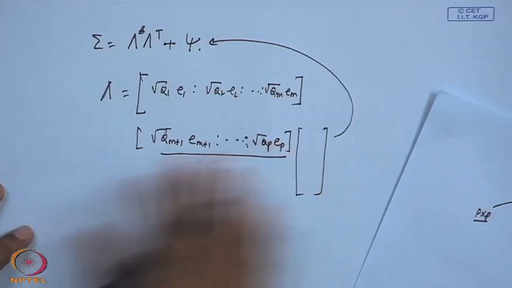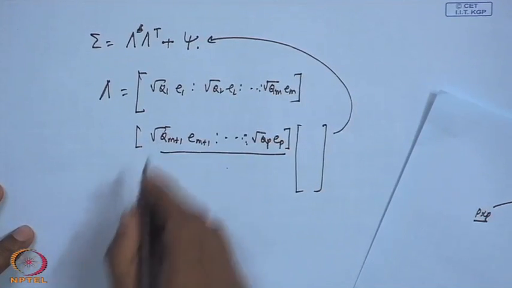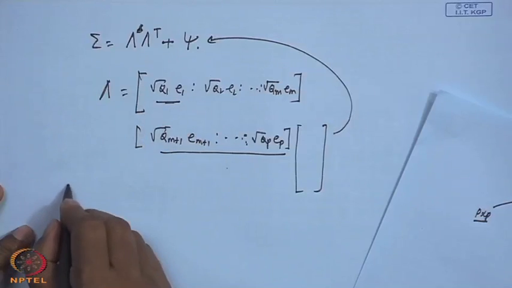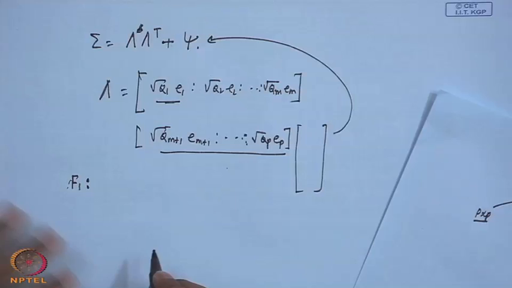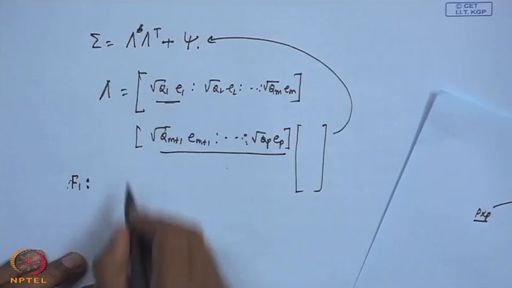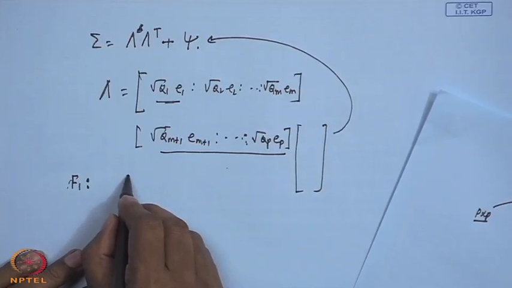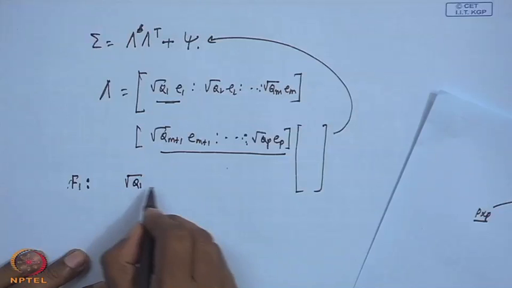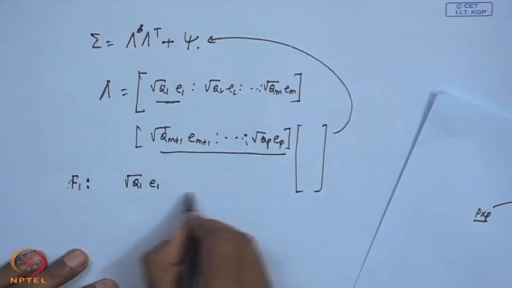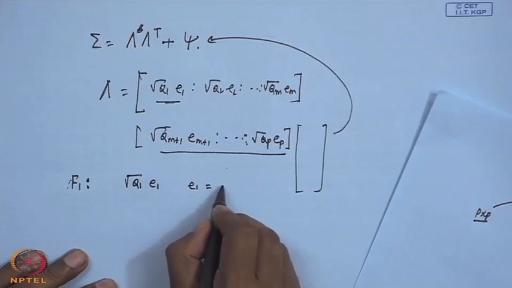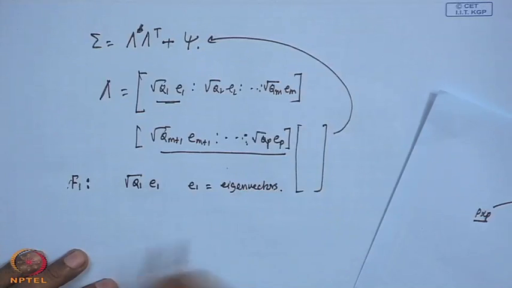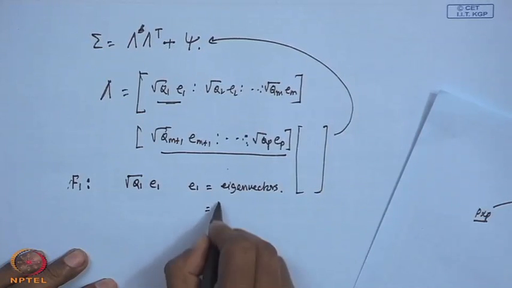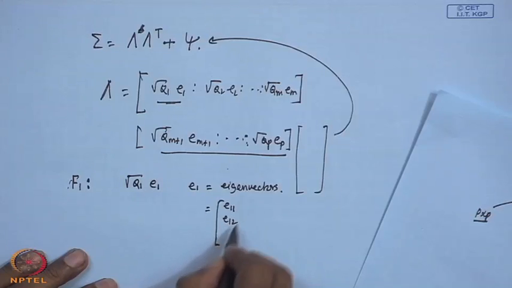Okay. If this is the case, then I can say that my first factor, if it is f1, this factor loading is root over q1 times e1, where e1 is the eigenvector, which is e11, e12, and so on.